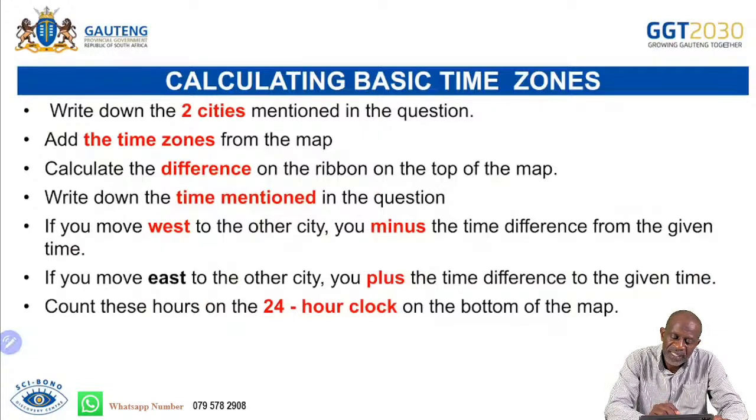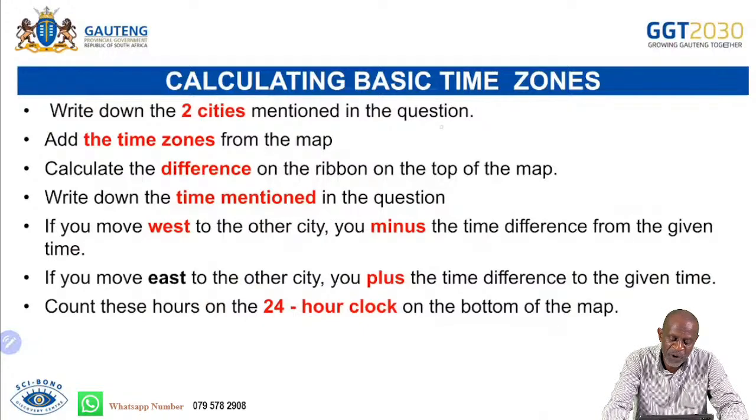Write down the two cities mentioned in the question, add the time zone from the map, calculate the difference on the ribbon on the top of the map, which I have indicated for you. You need to also write down the time mentioned in the question.